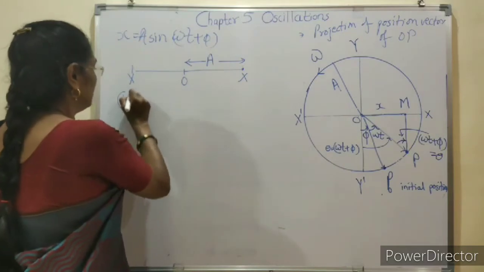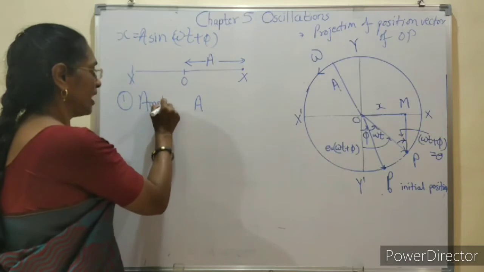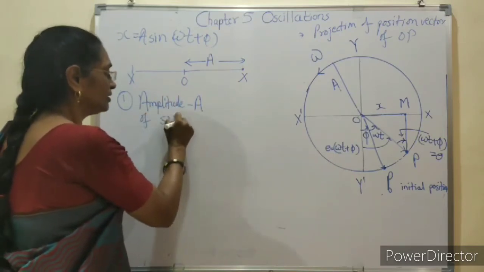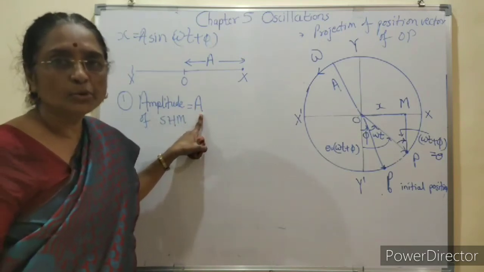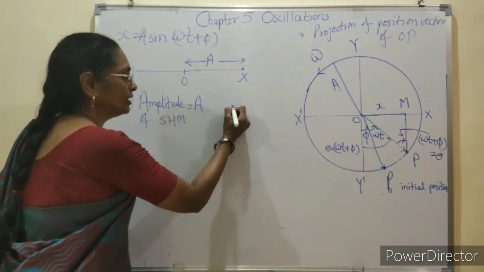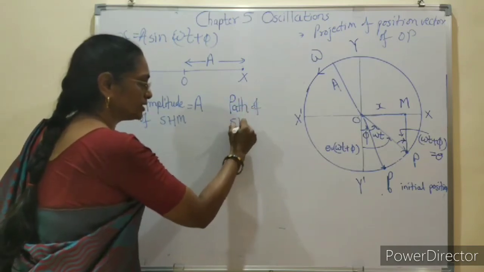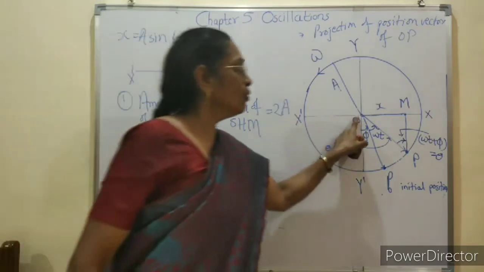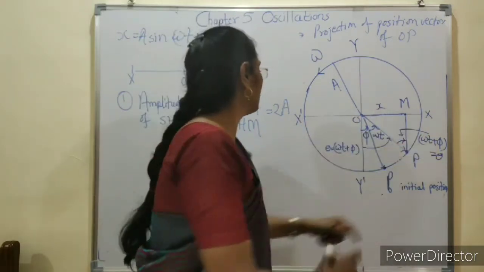A is our first quantity, that is called as amplitude of SHM. It represents the maximum displacement from the mean position. Related to amplitude, there is another quantity, the path of SHM. It is equal to twice A. So from X to O to X dash, this is path.